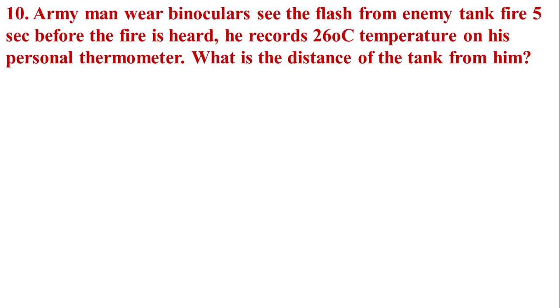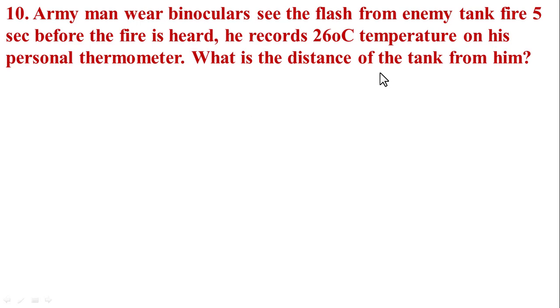Now, question number 10: an army man wearing binoculars sees a tank of the enemy fire. He hears the sound 5 seconds after the fire. He records 26 Celsius temperature on his personal thermometer.